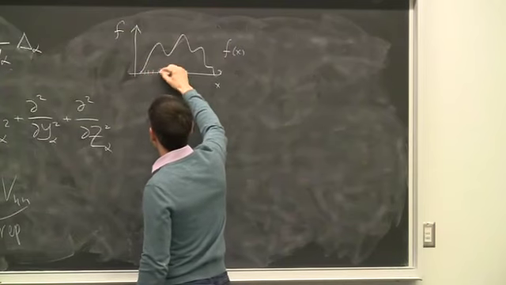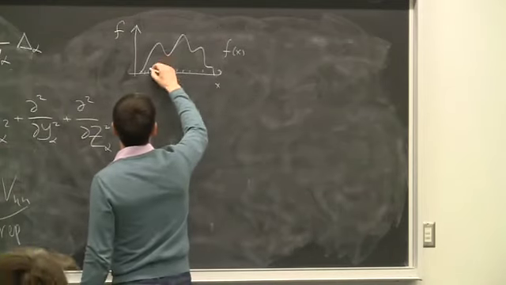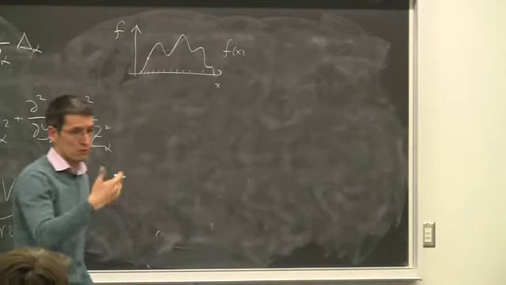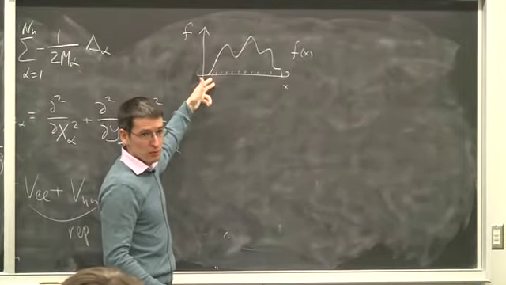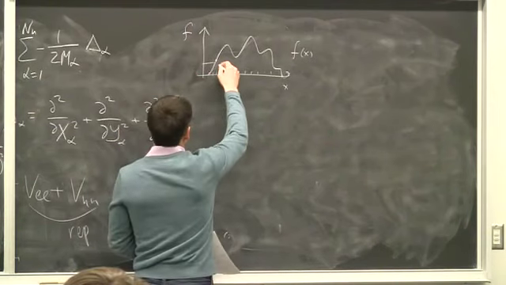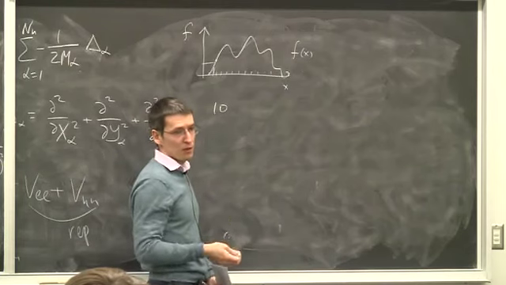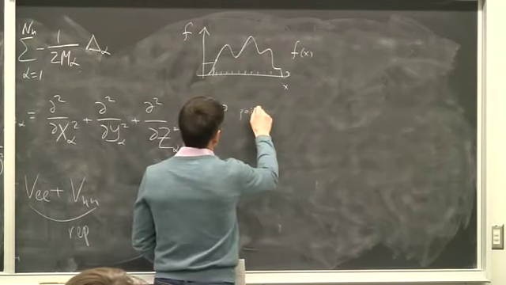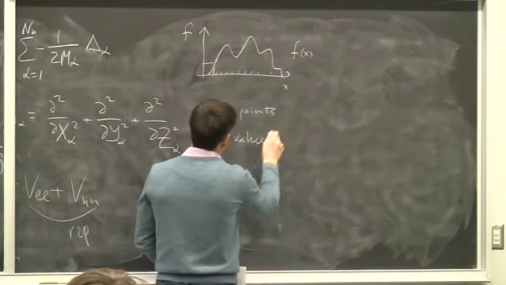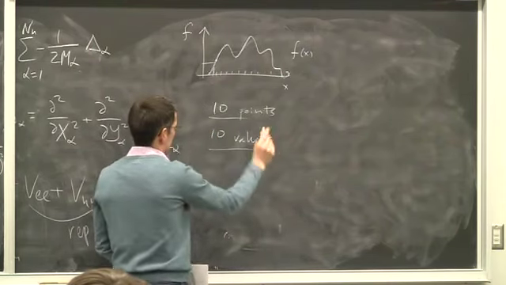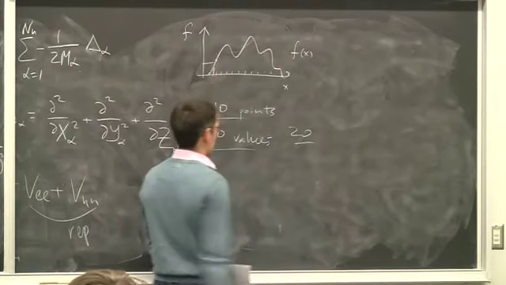You will have a grid of points, and for every point, you store where this point is, and you also store what the value of the function was for that point. So say if you have 10 points, which just makes my math simpler, then 10 values. So you need to store 10 points and 10 values, so together 20 numbers to store.